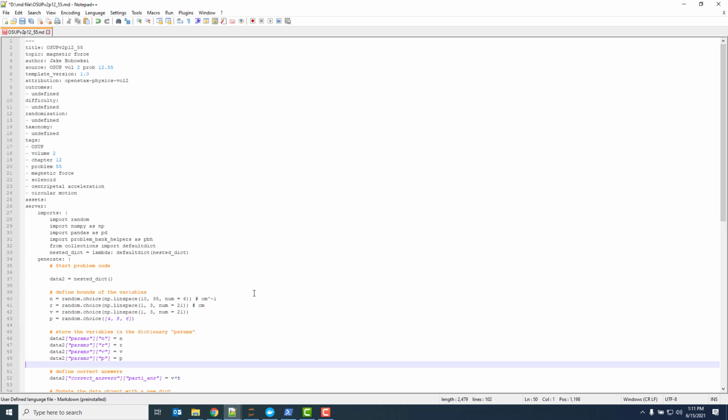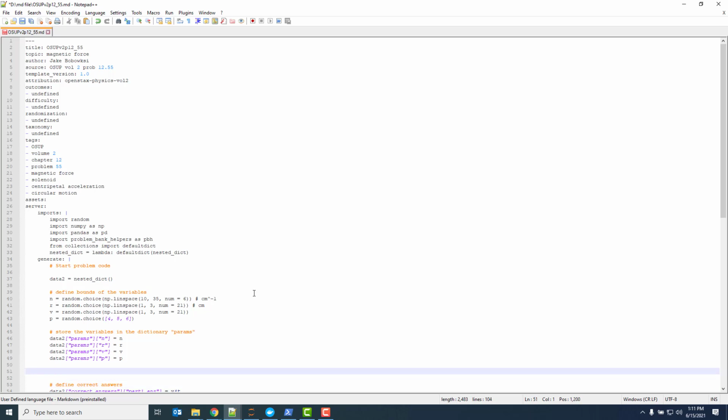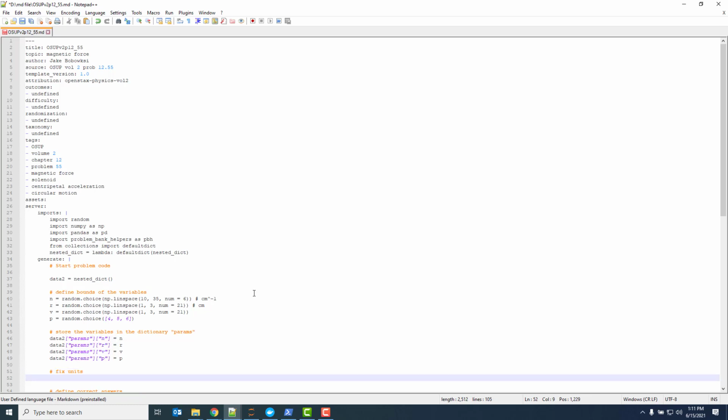Okay, so what we have to do next is fix some of the units in our numbers so that when we do the calculation, it'll come out in a sensible set of units. First, we can convert n from inverse centimeters to inverse meters.